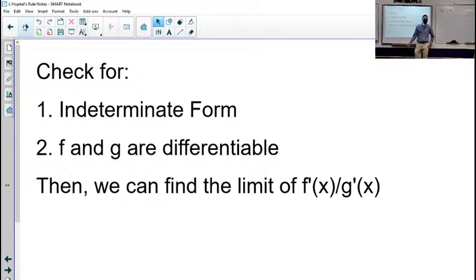So do we have like a 0 over 0 or an infinity over infinity or something like that? And number two, we need to check that f and g are differentiable, which will also mean they're continuous. The reason we need to check if they're differentiable is because the rule is going to involve taking a limit using derivatives. So if we're using derivatives, then we better be able to take the derivative. It better be differentiable.